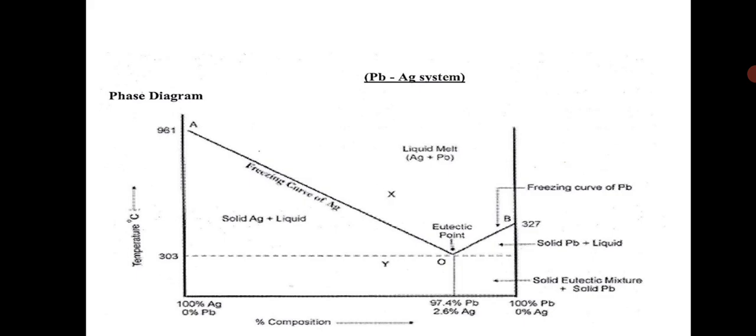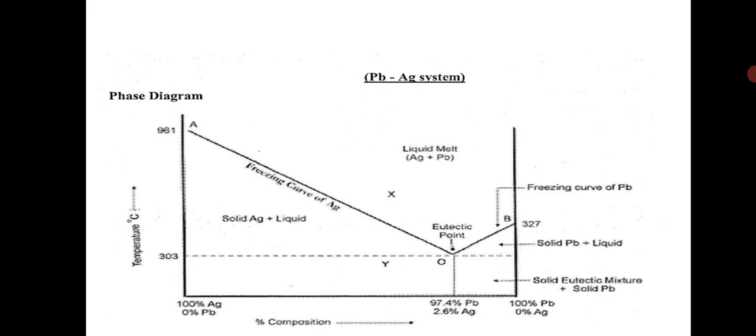Along any point on the curve BO, the equilibrium exists between solid lead and melt. Therefore, the number of phases is equal to 2. Degree of freedom is equal to 2 minus 2 plus 1. Therefore, F dash is equal to 1, univariant.